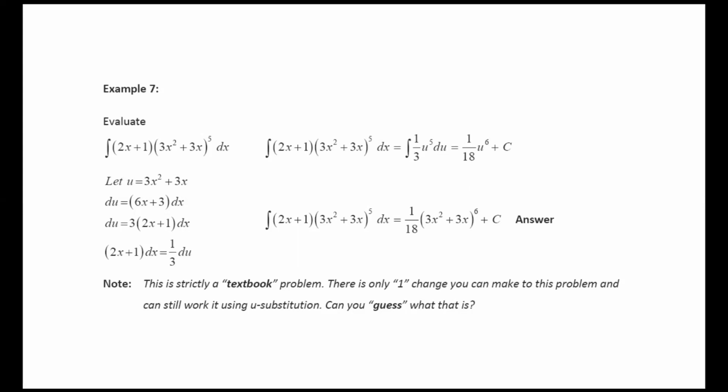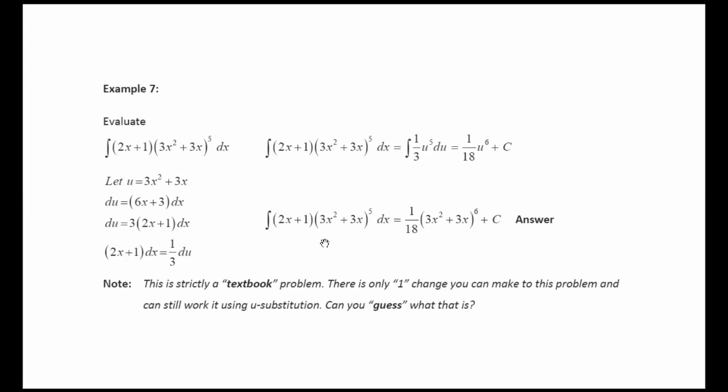Okay. This is strictly this problem, you know, like you have something to factor, you can't change anything. It won't factor if you change the 6 to a 7 or whatever. Well, guess what? There's only one thing in this problem that could be changed and it still be done by u-substitution.